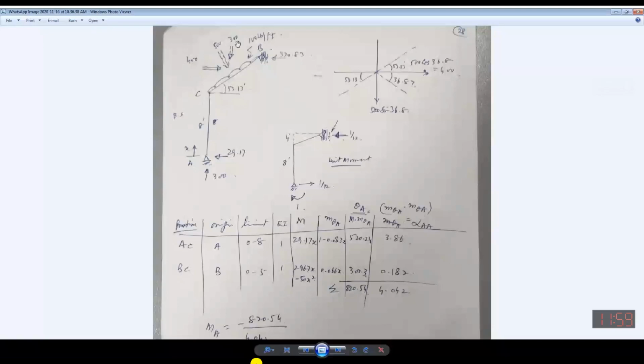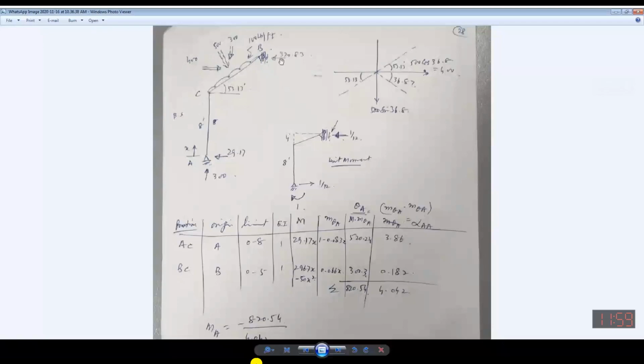Now you have to resolve this 370 into two components, because moment will be produced by the perpendicular force: force into perpendicular distance. It is not giving any perpendicular distance to this one.